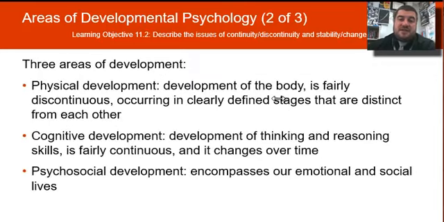Three areas of development that we'll talk about in developmental psychology are physical development, which is obviously your physical features, that does occur in clearly defined stages that are distinct from one another. Cognitive development, which obviously changes over time but in a continuous fashion. And our psychosocial development, which is our emotions and our social lives.